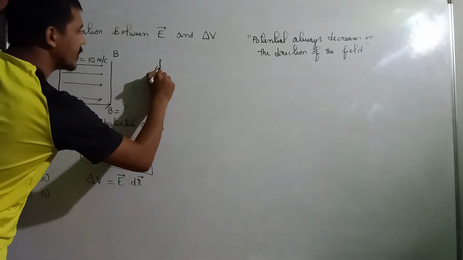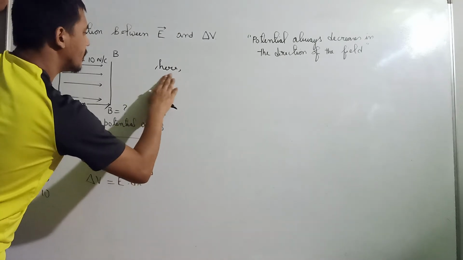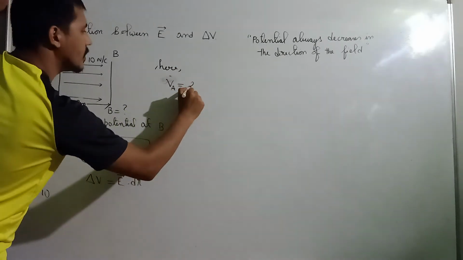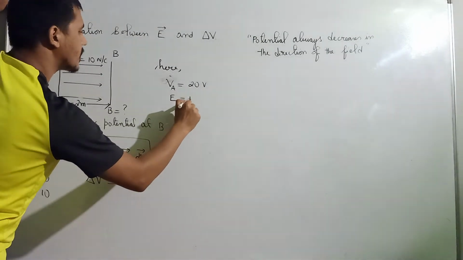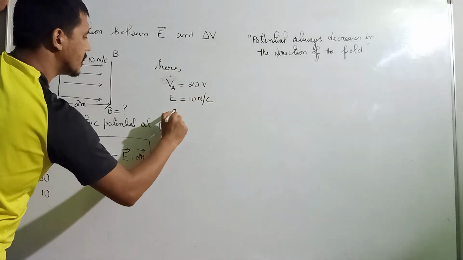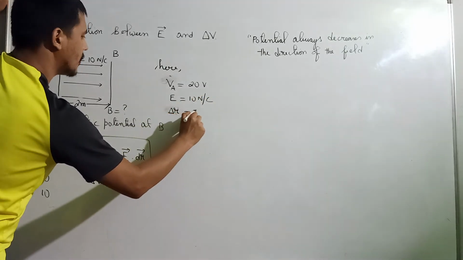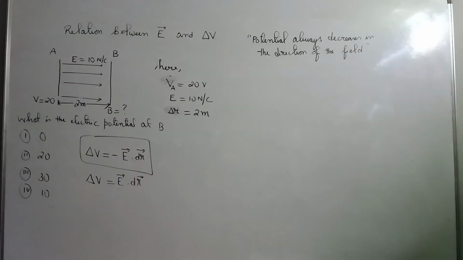Here, let me write the given information. Potential at A, VA, will be equal to 20 volts, right? Your electric field is 10 newtons per coulomb. Distance between the plates, delta R, is equal to 2 meters. Alright? So what will be the potential at B?